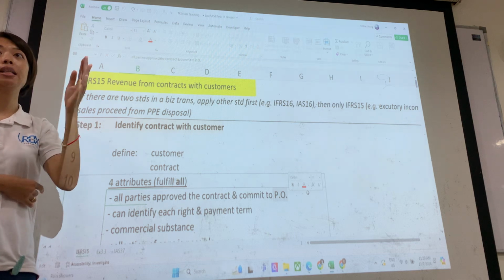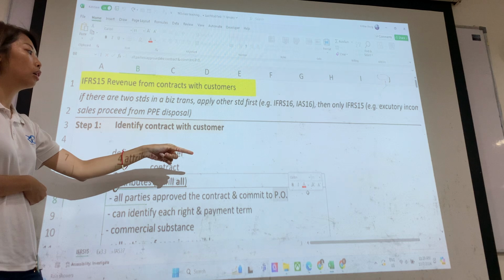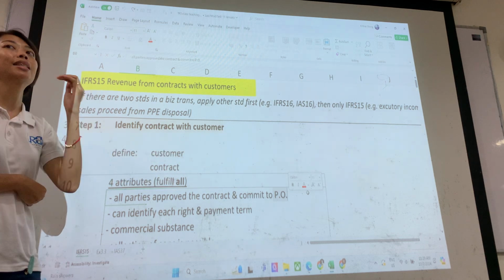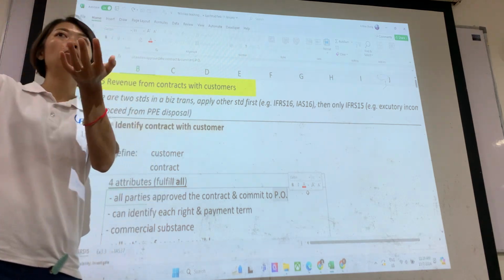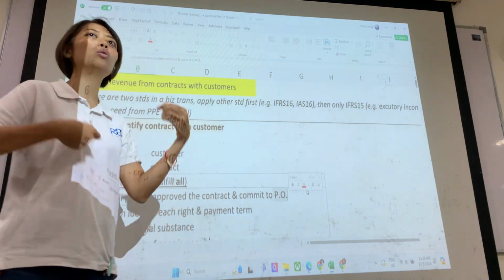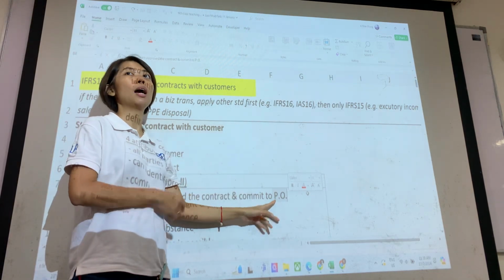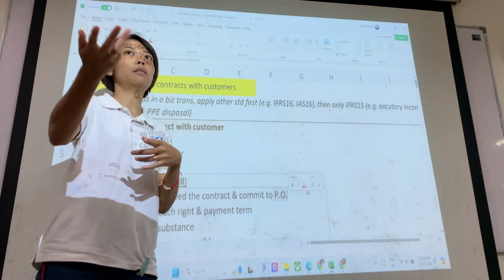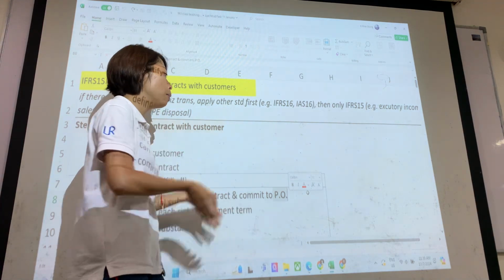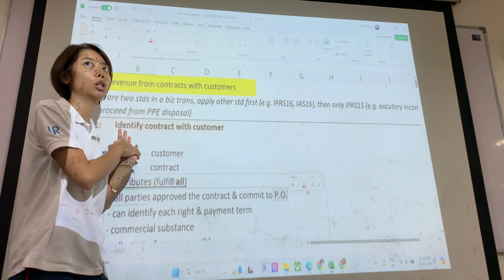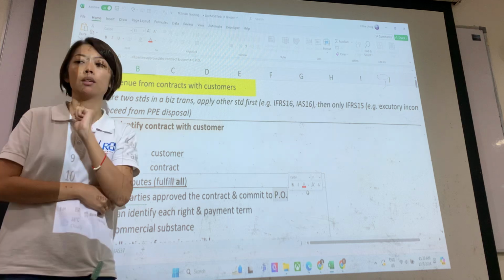That one is called present obligation or liability. Performance obligation is from the perspective of the seller. If I sign a contract with you already, I'm obliged to give you the cleaning service for the next 12 months. This is called performance obligation. I'm obliged to perform some service or perform the delivery of goods. Performance obligation is for revenue recognition. Present obligation is for liability. Different.